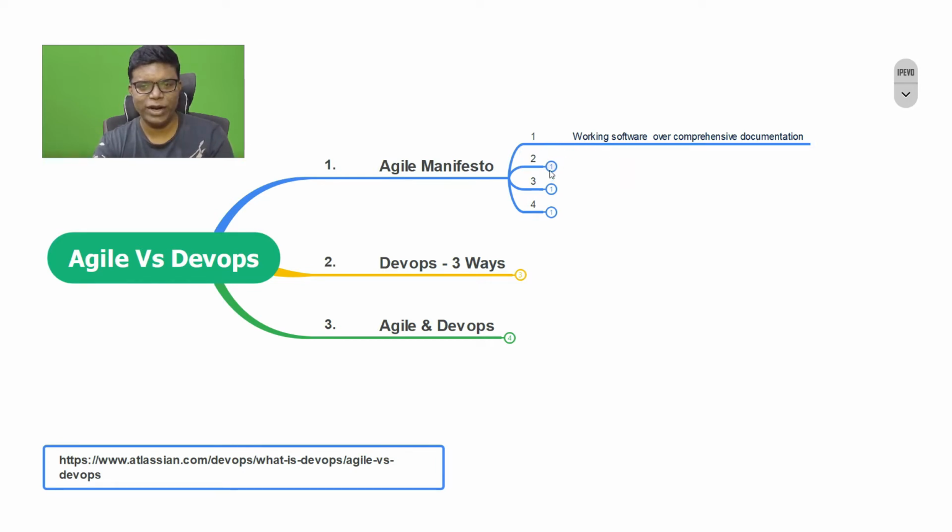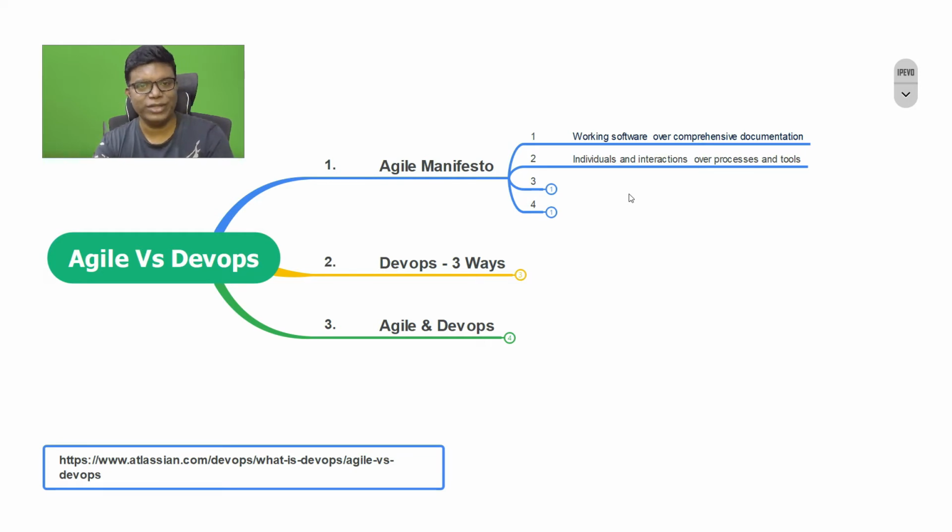And the second one is individuals and interactions over processes and tools. Waterfall used to be linear, one step after the other. If you haven't completed that step, you can't move forward. Whereas here the focus was more on individuals and interactions. What if an operations team is not involved in the software development, and it results in bigger challenges at the end when the software is about to get launched?